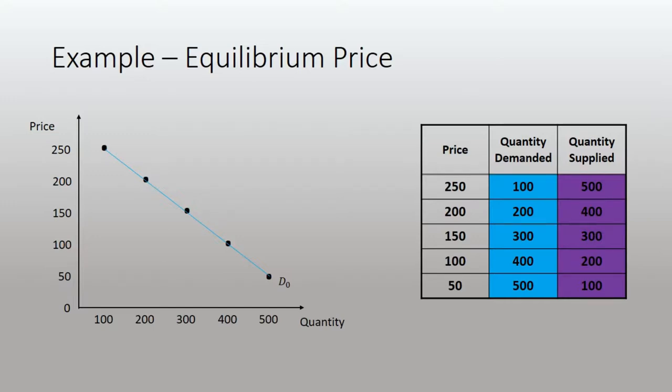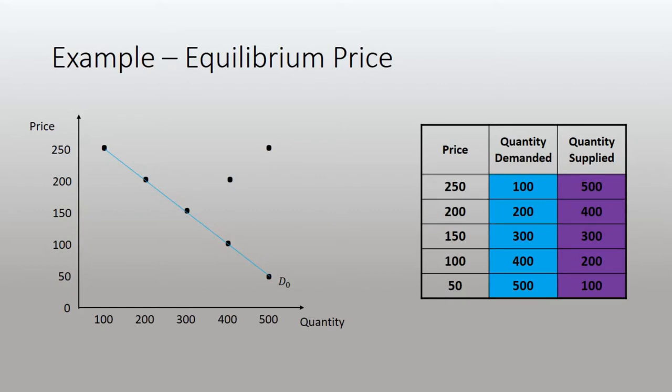We can then add our supply to the same set of axes. And we can point there to say that at 250, the quantity supplied is 500. At price 200, the quantity supplied is 400. At price 150, our quantity supplied is 300.